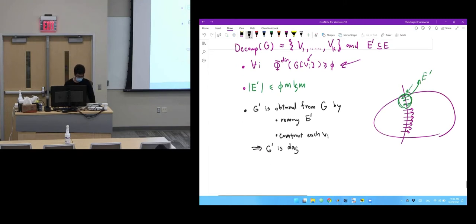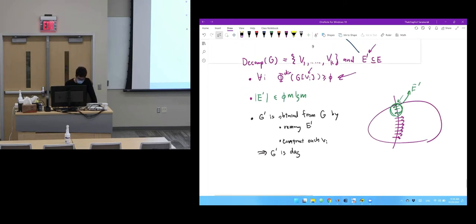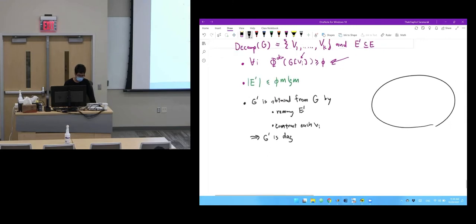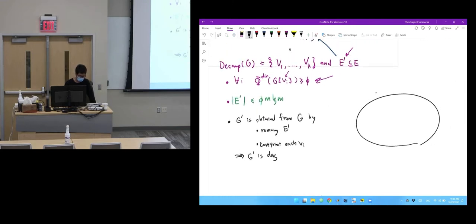So why is that? Let's consider the process, right? You have any directed graph. You find some sparse cut, A and B here. It must be sparse in some direction.